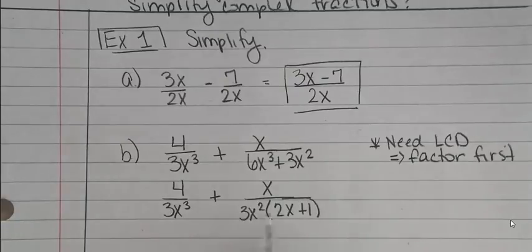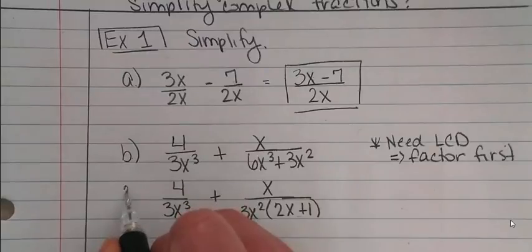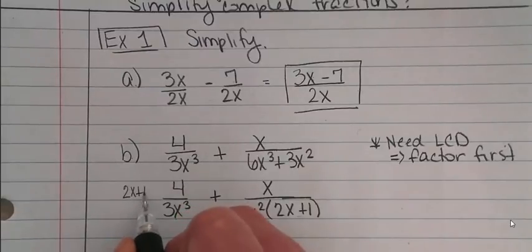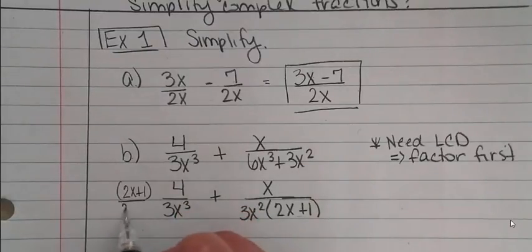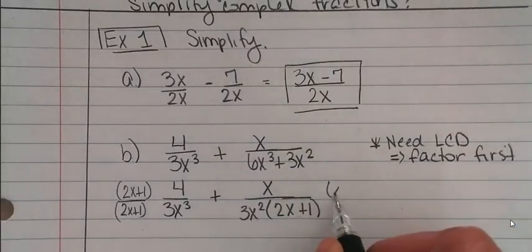So in order to add these now, I've got the 3x cubed, okay, but I'm going to need another x here to make this 3x cubed, and then I'm going to need this 2x plus 1 here. So I'm going to multiply top and bottom here by 2x plus 1. Remember, as long as I multiply top and bottom, it's just like multiplying by 1. Here on this side now, I'm going to multiply by x.